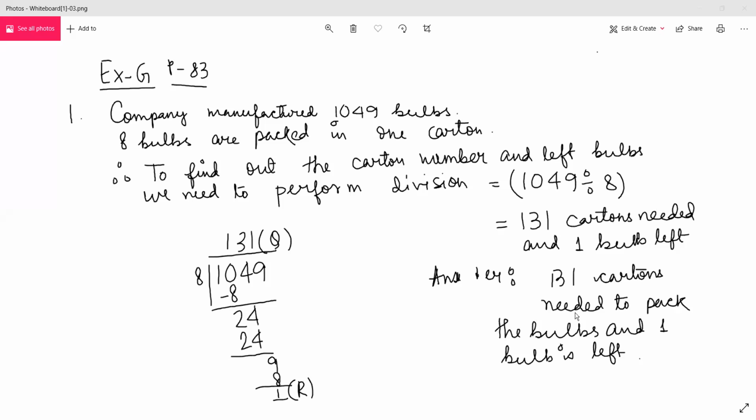So read it: a company manufactured 1049 bulbs. These bulbs had to be packed in cartons with 8 bulbs in each carton. How many cartons were there and how many bulbs are left? Okay, so here you can see that I have done the sum. You need to write the sum that way only. You need to show the division. Okay, complete it very fast.